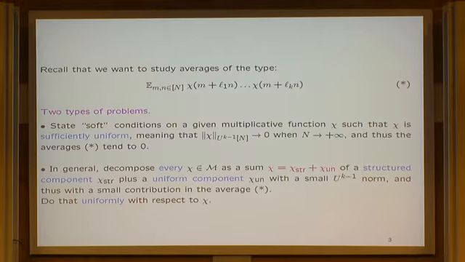The first one is the following: distinguish between good and bad multiplicative functions. Good multiplicative functions will be the uniform ones, uniform with respect to the Gowers norm. If this Gowers norm goes to 0 when N goes to infinity, then the average, the star, converges to 0 when N goes to infinity.